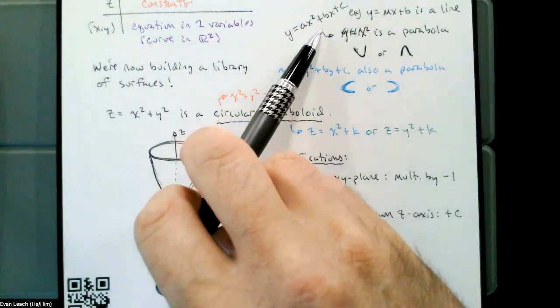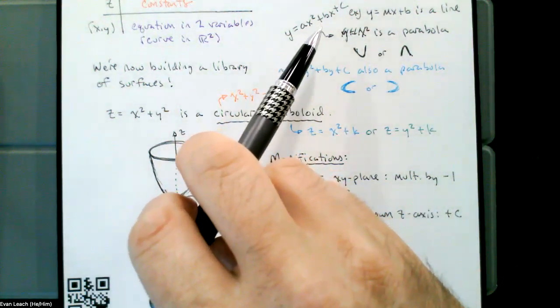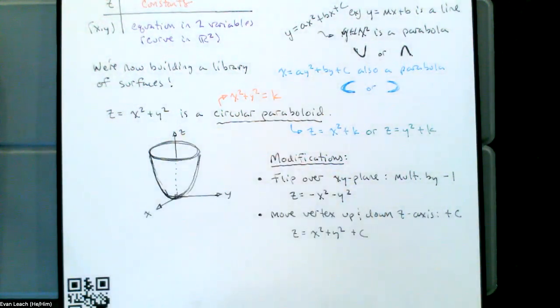What do we do? It's the same thing that happens with regular parabolas. If we start throwing in some x terms, then we'll start moving the vertex around.